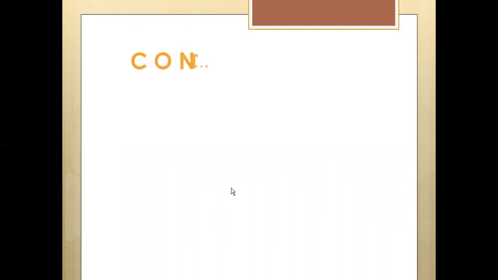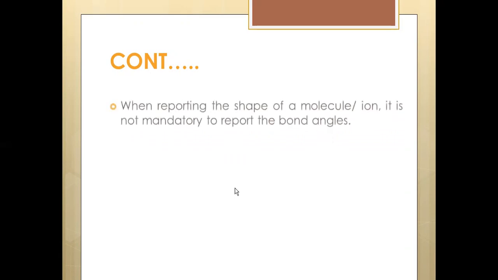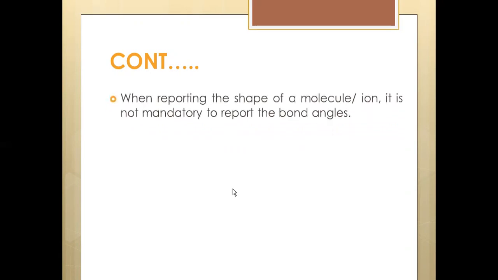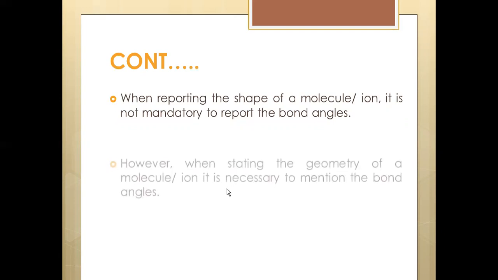So now we have studied the different geometries. When reporting the shape of a molecule or ion, it is not mandatory to report the bond angle. We have spoken about the geometry, and from the geometry we step into the shape. When you speak about the shape, it is not necessary to report the bond angle.